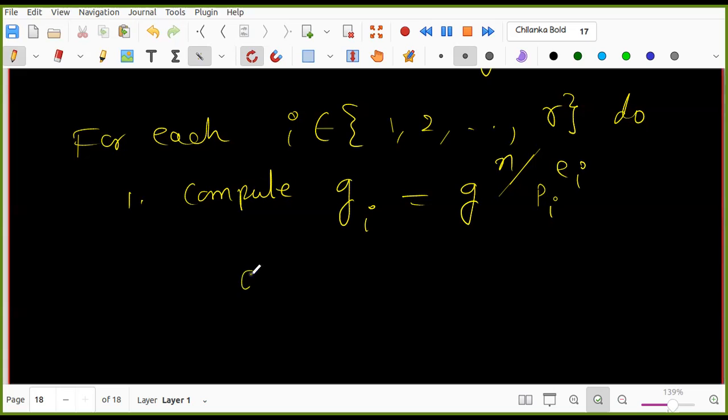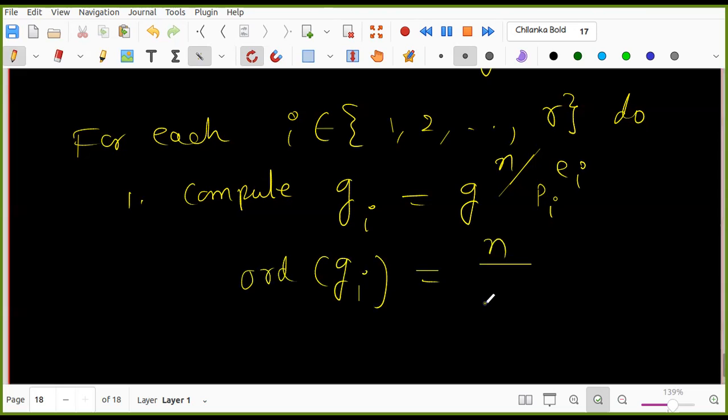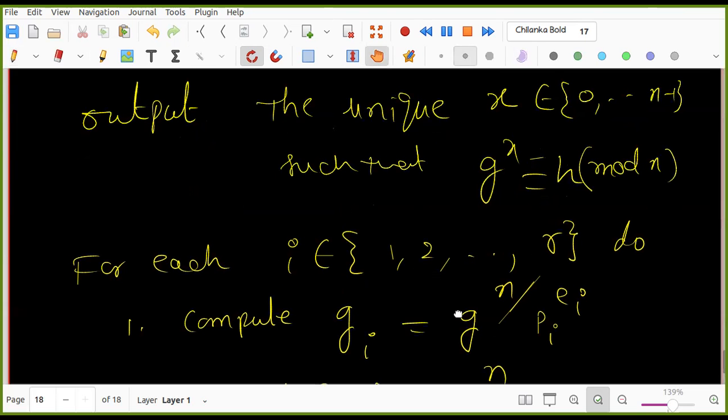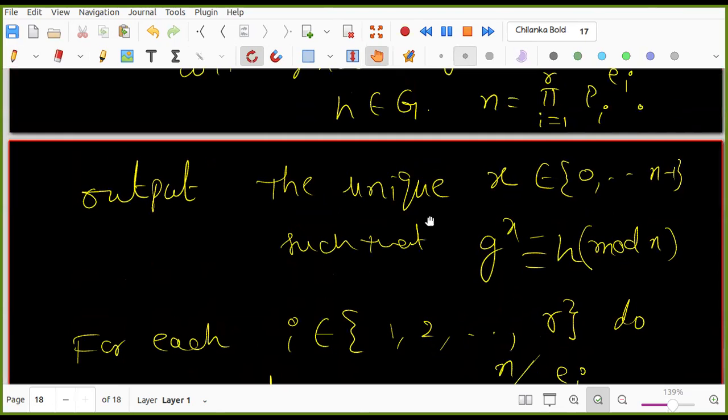So the order of g_i is n by p_i power e_i. These p_i are in the prime factorization of n. So first compute g_i.